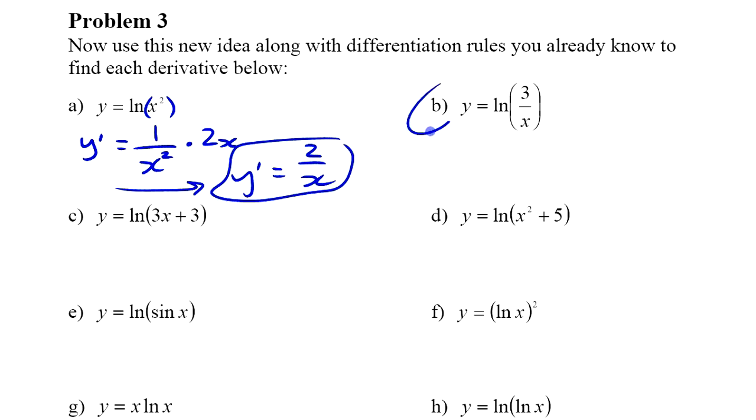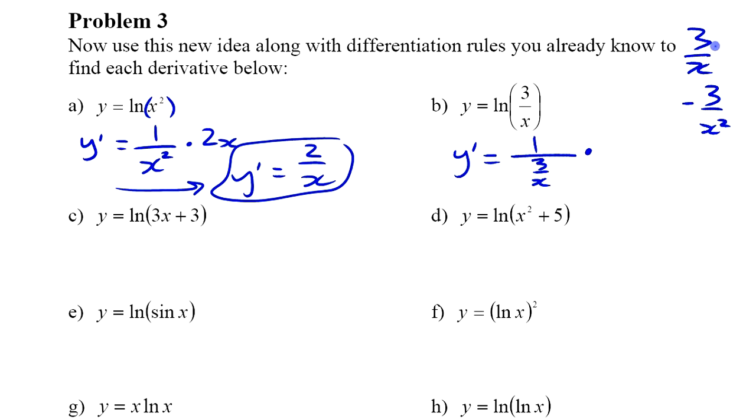Second thing over here, we have ln of 3 over x. The derivative of ln of something is 1 over that something, so 1 over 3 over x, multiplied by the derivative of the inside of that function. The derivative of 3 over x is negative 3 over x squared. You can go through and use the power rule, change this to 3x to the negative 1, and eventually you'll get that.